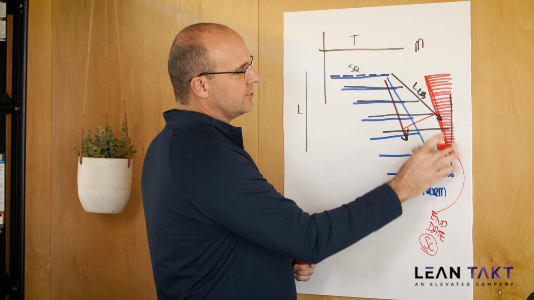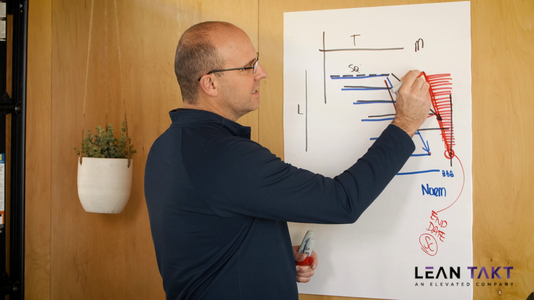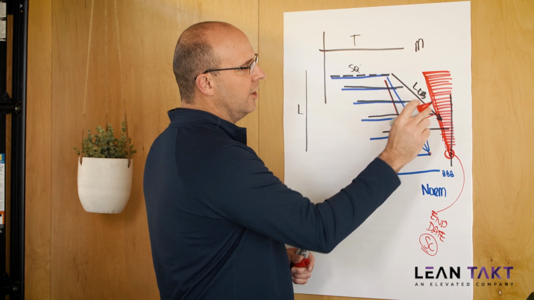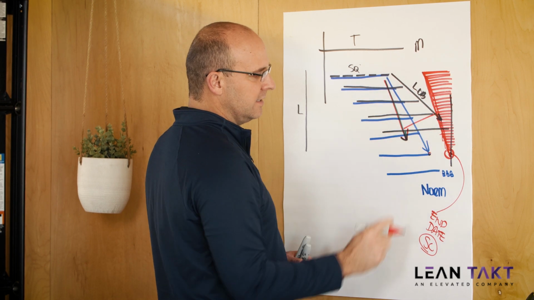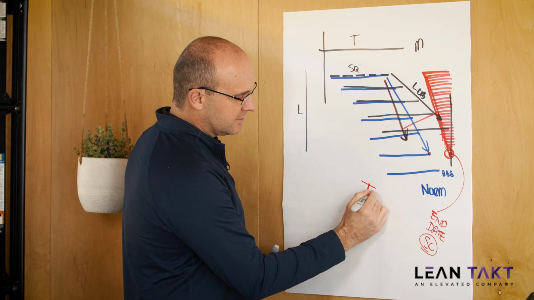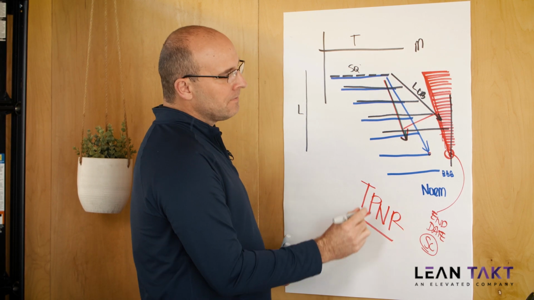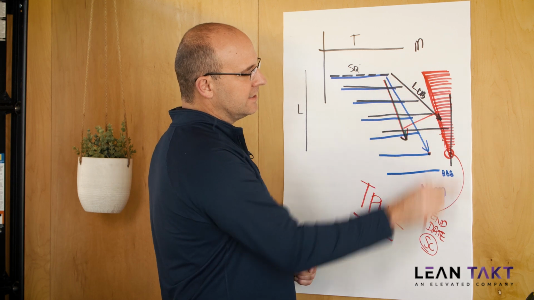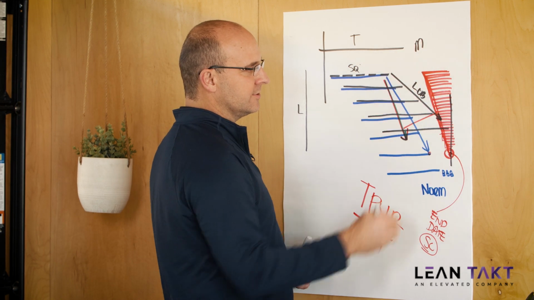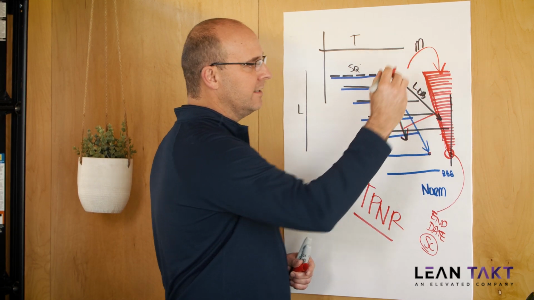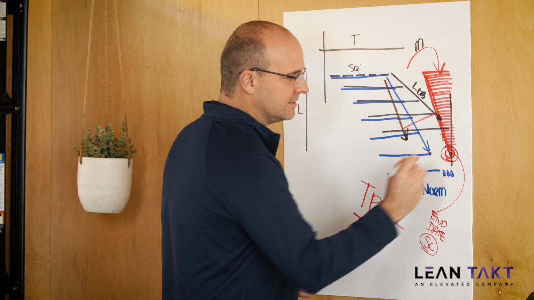And it's going to show you, hey, if any of your activities in any of these zones push into this red space, you are in the takt point of no return. Meaning that if any activities go into this geometric shape, there is no way you're going to finish by this date.